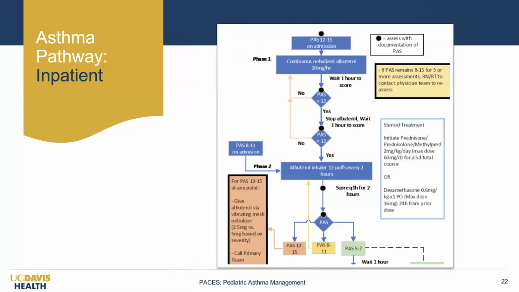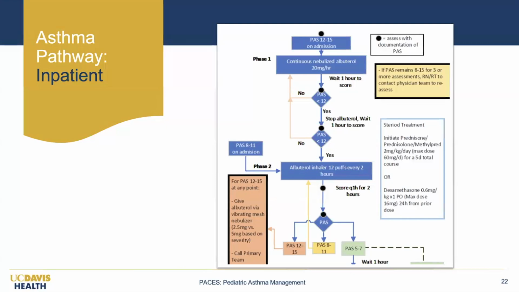So this is the first half of our pediatric asthma pathway in terms of how we're going to manage them with albuterol. On the left-hand side, we have phase 1. For patients who are getting admitted and have a PAS score of 12 to 15 on admission, we'll start continuous albuterol. Our dosing continues to be 20 milligrams per hour. As we were doing in the ER, we continue to do an hourly assessment and reevaluate their PAS score.